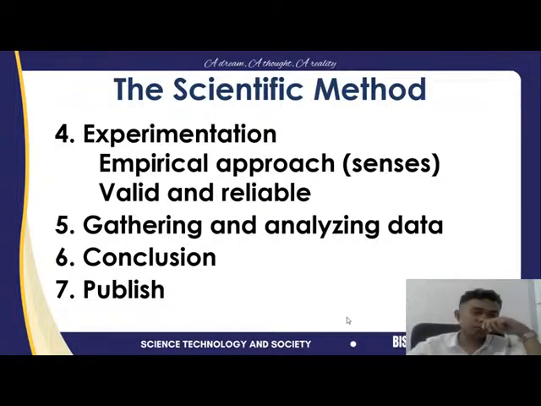It is a case to case basis. In fact, there are probably as many versions of the scientific method as long as the goal remains, which is to provide a relevant answer to the problem, a solution to the problem.